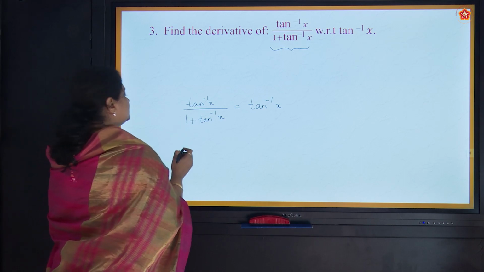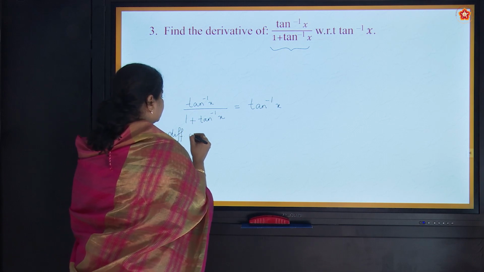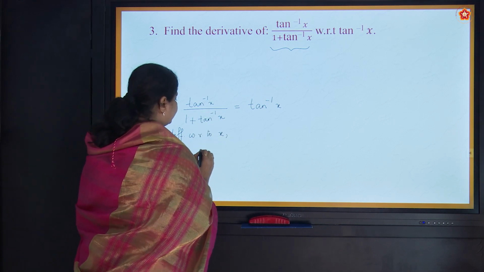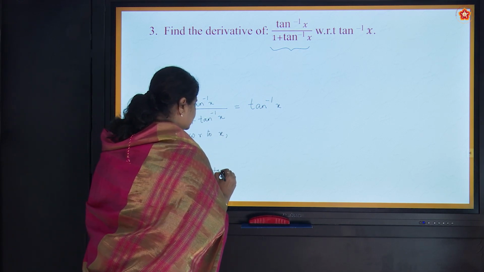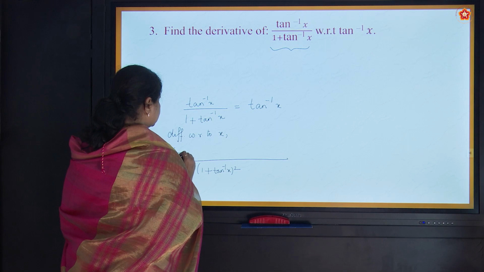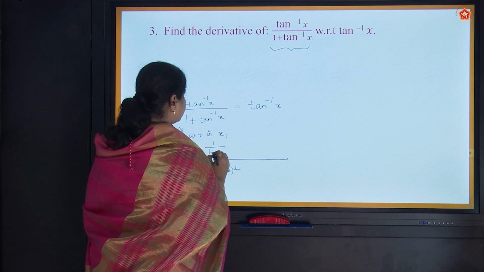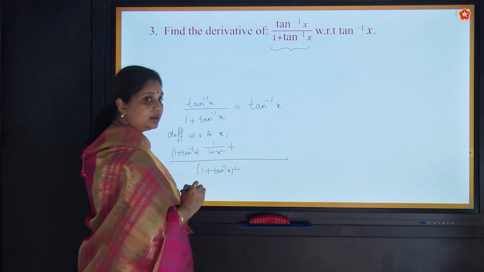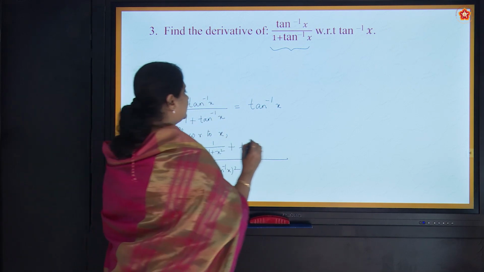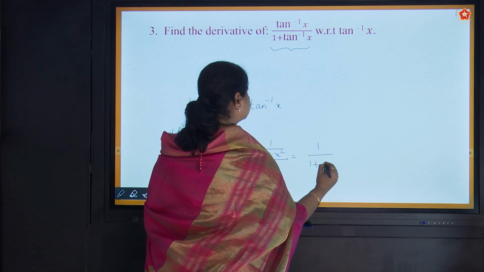So when I differentiate this, I use the u by v rule. You have 1 plus tan inverse of x, the whole square, in the denominator. Keeping the denominator a constant, you differentiate the numerator. So tan inverse of x on differentiation gives you 1 by 1 plus x square. Plus the numerator is kept a constant, and you differentiate the denominator. Again you get 1 by 1 plus x square.